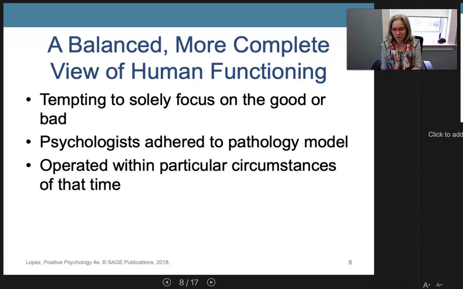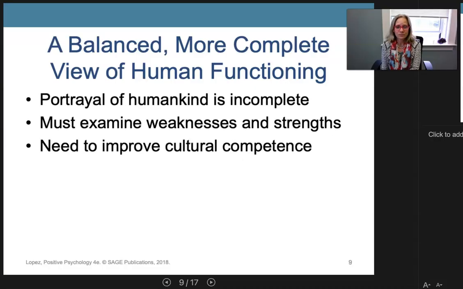And it's operated within a particular set of circumstances at that time, and we want to have a more balanced view. The previous portrayal as just looking at bad or even just looking at the good is incomplete. So we need to look at both sides, weaknesses and strengths, and really improve our cultural competence, especially in the United States when we're talking about working with really diverse populations, and we've seen that come to the fore.